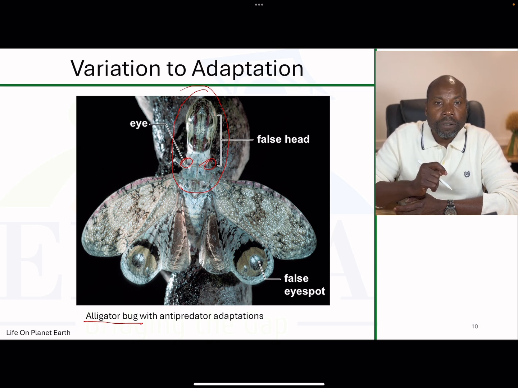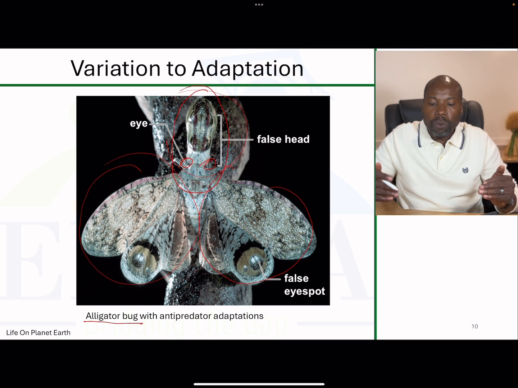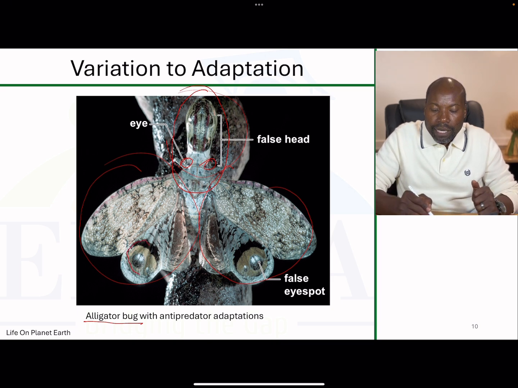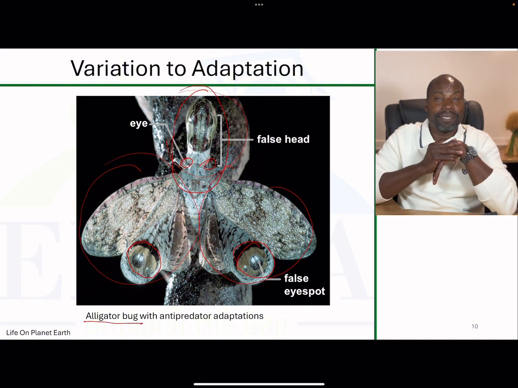Also, if a predator happened to be adventurous and disregard this false head, what the organism is going to do is to spread their wings. And when they spread their wings, you see these areas here that look like false eyes, right?